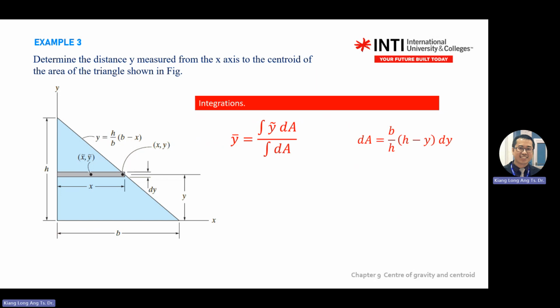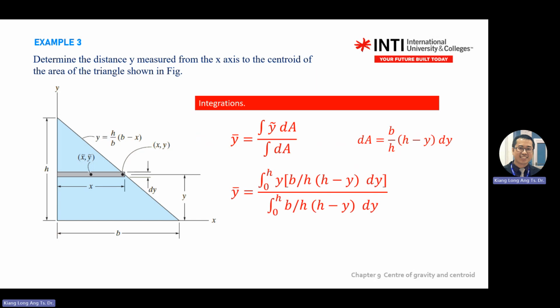So dy, y bar equal to that one. You put inside the dA.